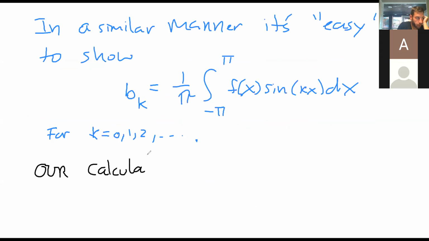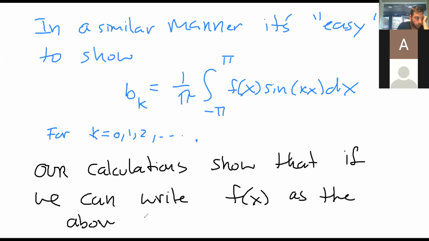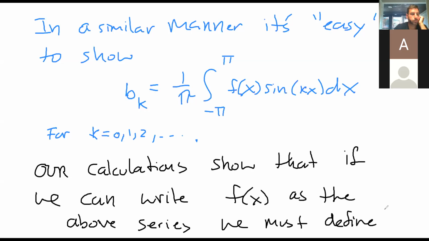So what do our calculations show? Our calculations show that if we can write f as the above series, we must define A sub n and B sub n, or k, whatever letter you want to use.